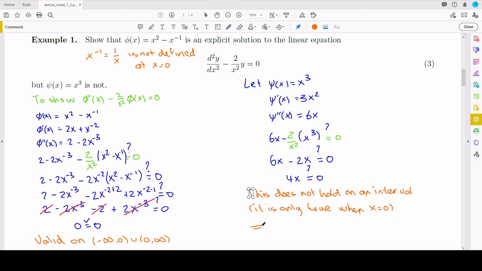So the conclusion is that psi of x equals x cubed is not a solution.